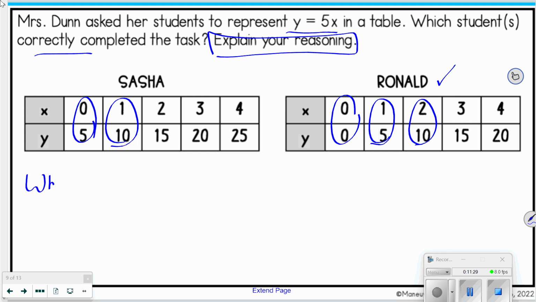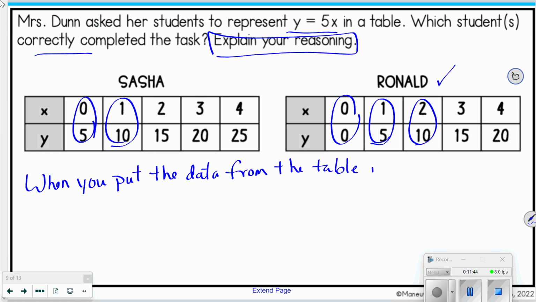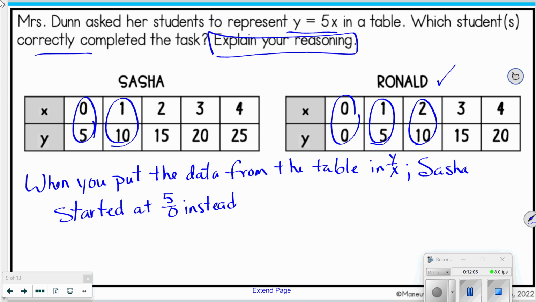The reasoning: when you put the data from the table in x and y over x, Sasha started at 5 over 0 instead of 5 over 1. Ronald did it correctly.